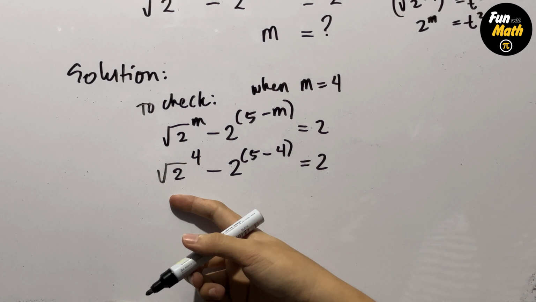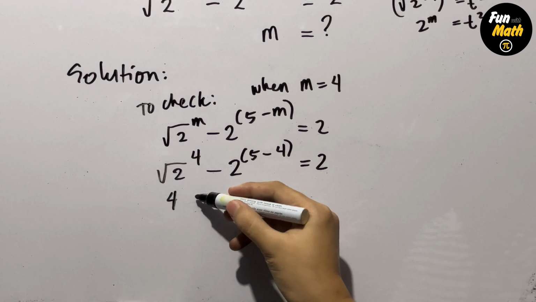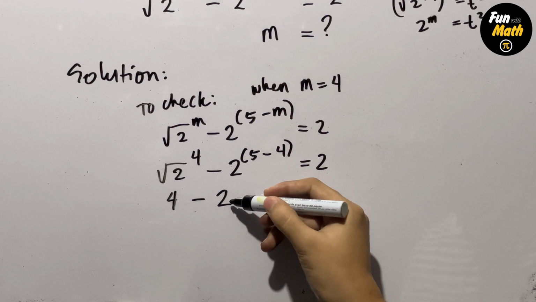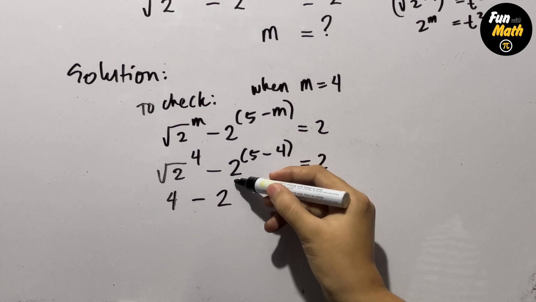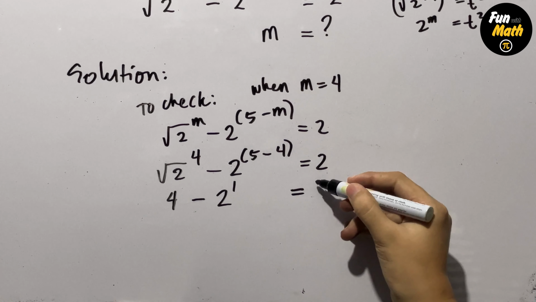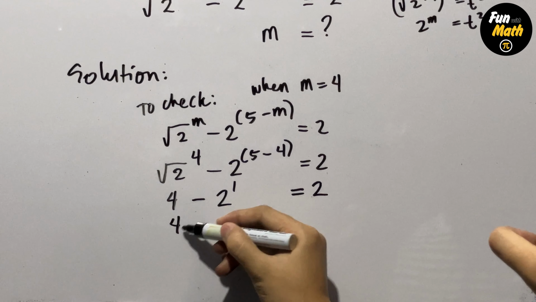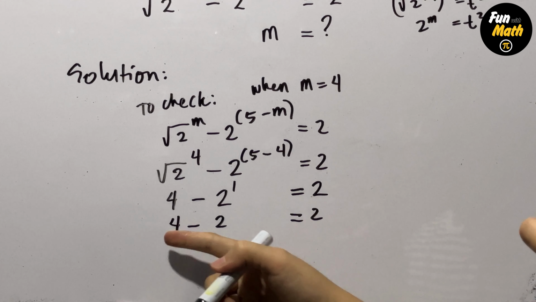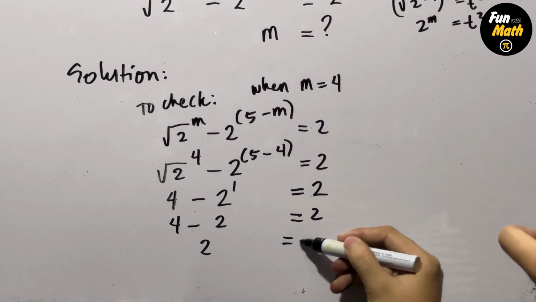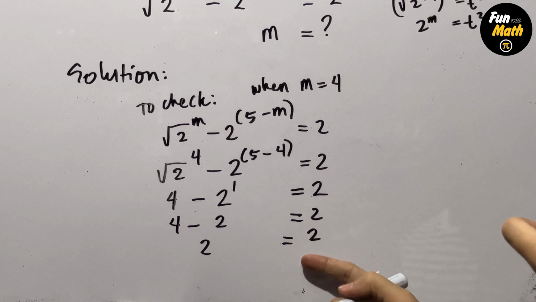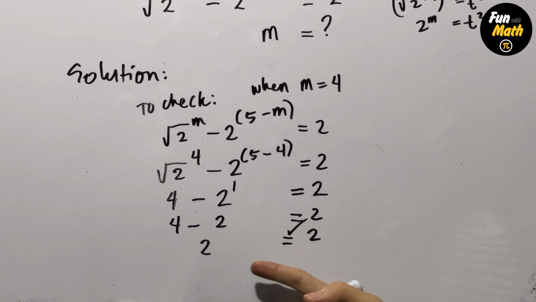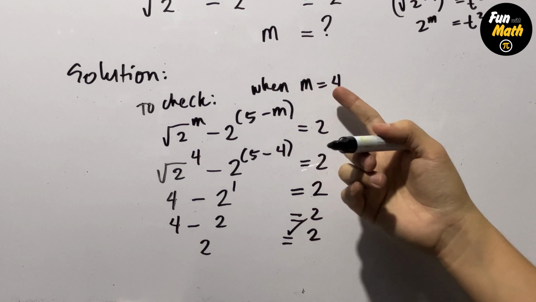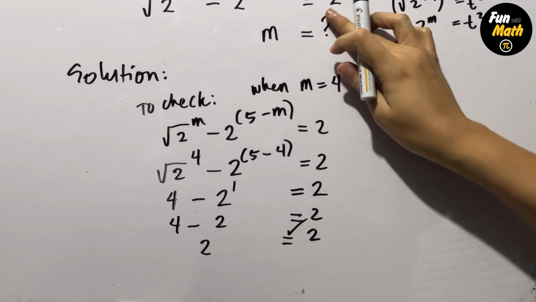And the square root of 16 is 4, minus 2 to the power of 5 minus 4 is 1, equals 2. Now, 4 minus 2 to the power of 1 is 2, equals 2. 4 minus 2 is 2 equals 2. If you observe, they are equal. That means the value of m, which is 4, is correct.